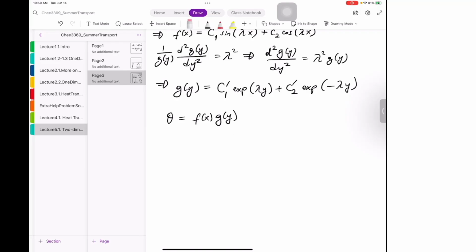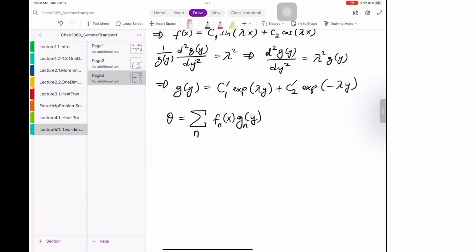So, long story short, instead of equating theta to f of x, g of y, we should be more careful and write a linear superposition of functions of x times functions of y, and you sum over all the n's. Maybe you can start from negative infinity to positive infinity, maybe from 0 to positive infinity. We don't know yet.